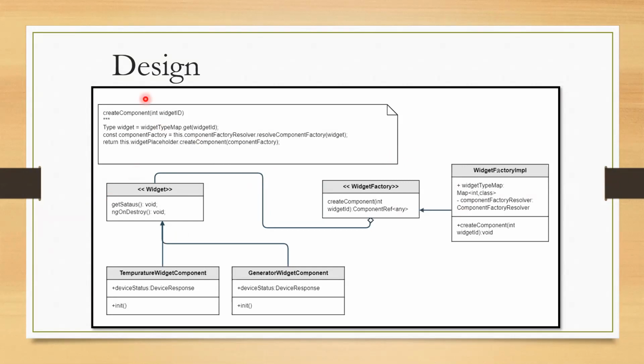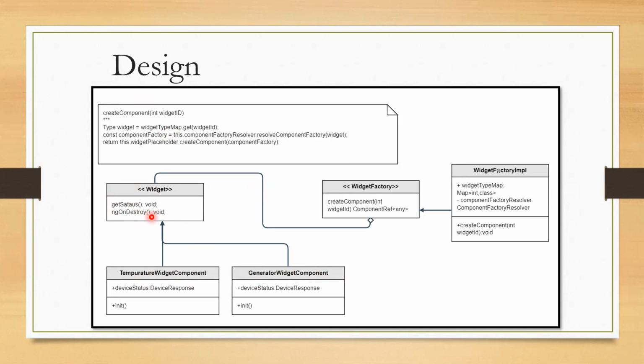In this design, we have a temperature widget component and a generator widget component. Both components are inherited from the widget interface. It has get status and on destroy methods.